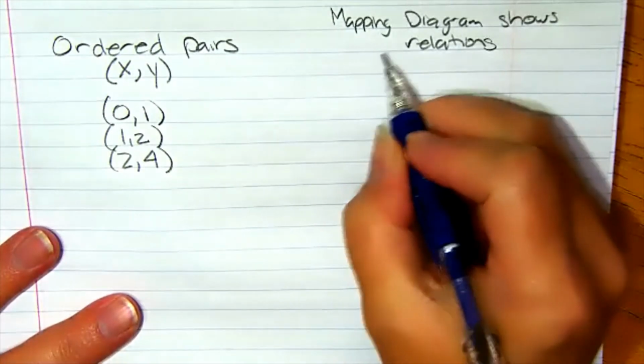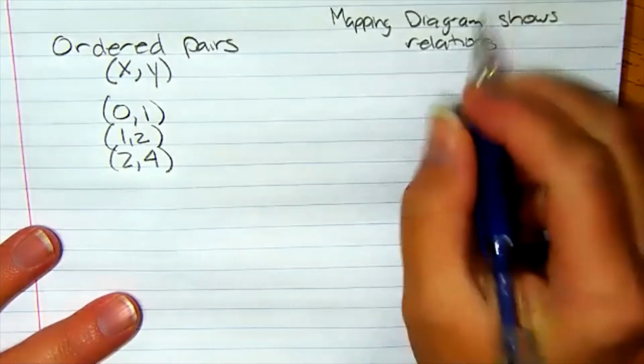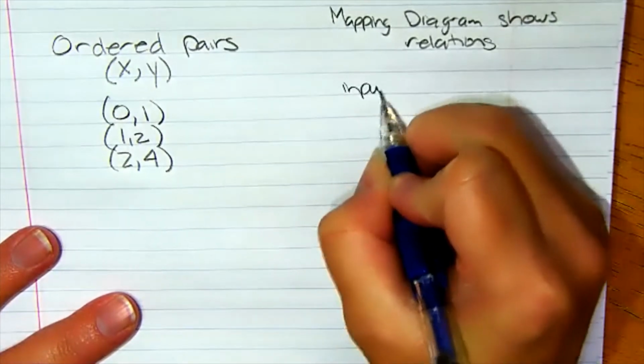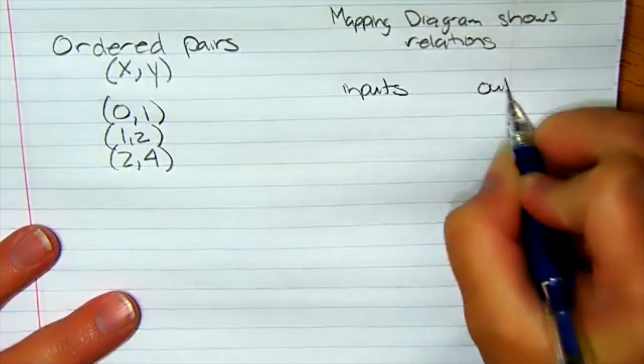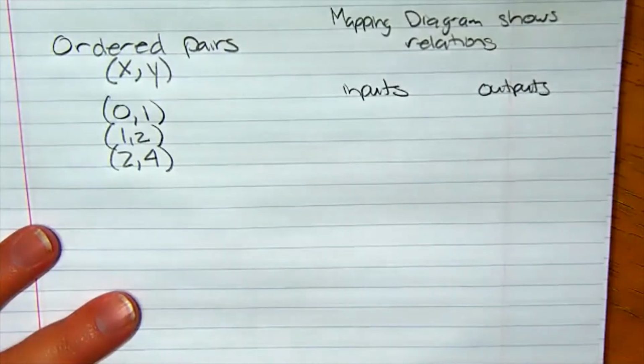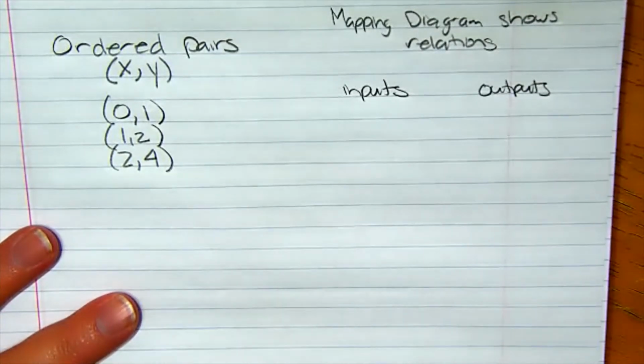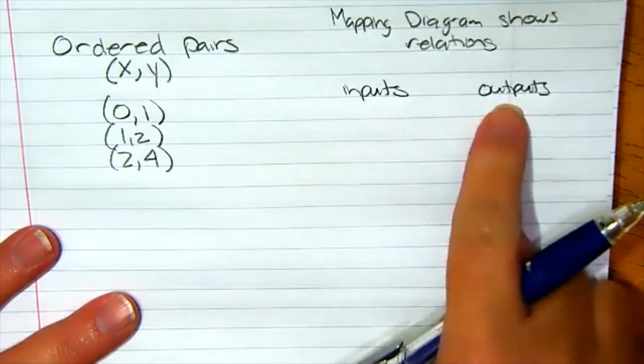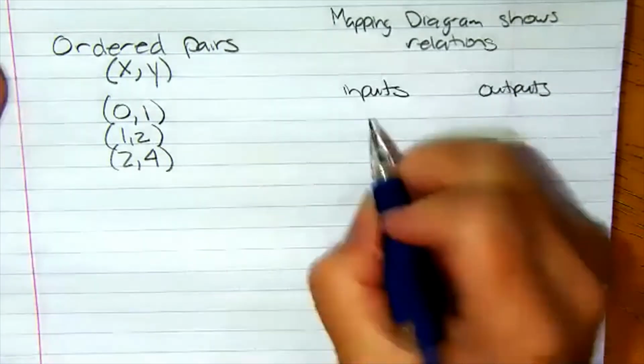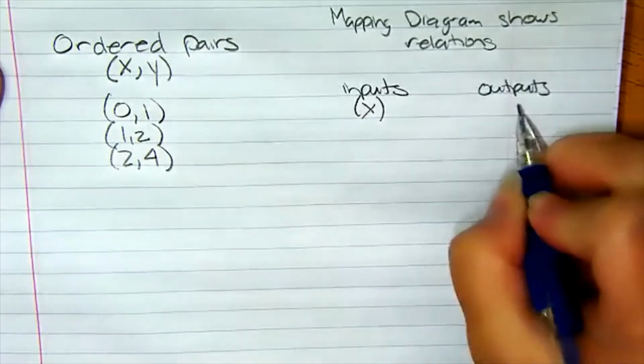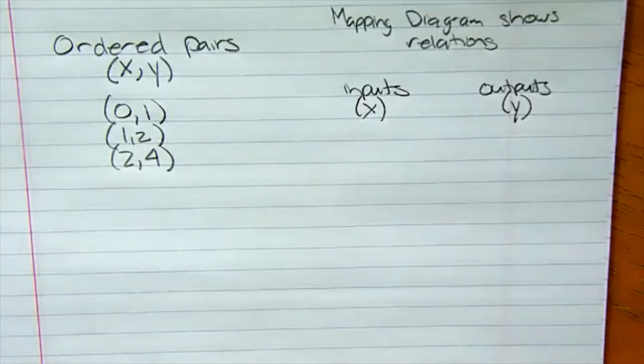So in mapping diagrams and relations, we have inputs and we have outputs. Now, these are just other names for x and for y.